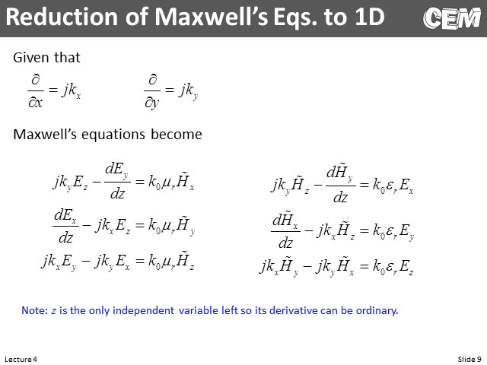So in fact, the derivative becomes ordinary. We no longer have partial derivatives. We could still write the partial derivative, but in this case, it's ordinary, because it's the only one left. So is everybody comfortable with this now? The reason we can do this is that it's a one-dimensional simulation. We've assumed it's infinite extent in the x and y direction, so everything's smooth and doesn't really change.